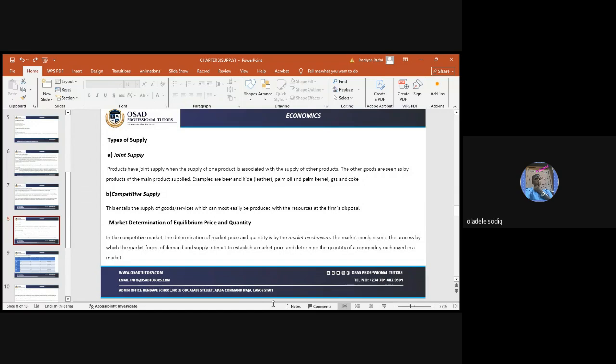Market mechanism is the process by which the market forces of demand and supply interact to establish a market price and determine the quantity of a commodity exchanged in a market. So what we are saying here is that the price and the quantity that will be demanded or supplied are determined. It's not just a price that anybody can determine anyhow.